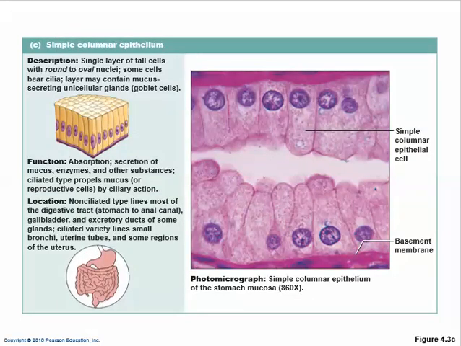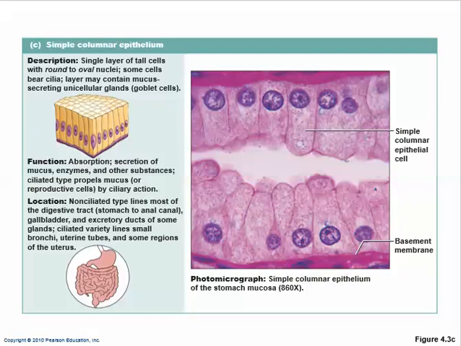Simple columnar epithelium ends up looking like this. The cells tend to be elongated. Now, there's going to be some absorption because it is a simple epithelium. There's only one cell separating one environment from the other, so things will be able to go across. But there's going to be much more secretion than in a cuboidal.